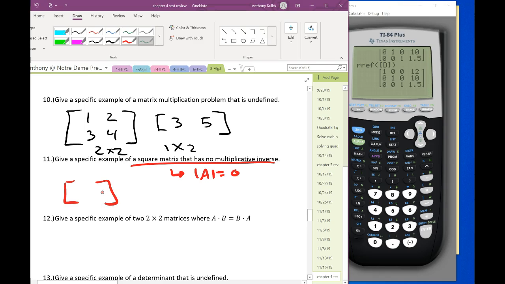So what could give us a 0 determinant? What are the numbers that we need to put in here?